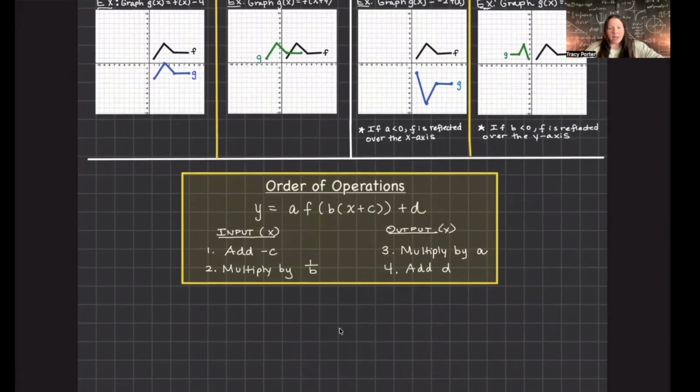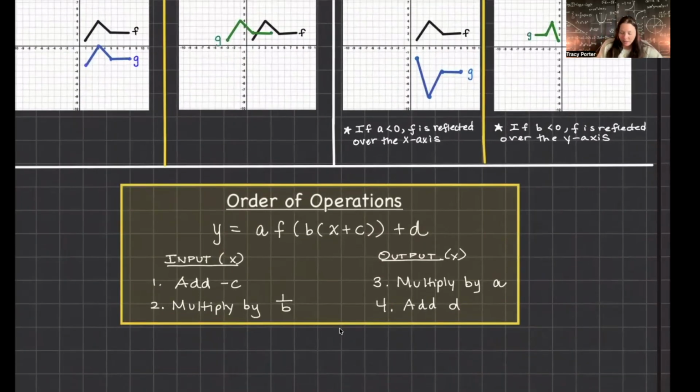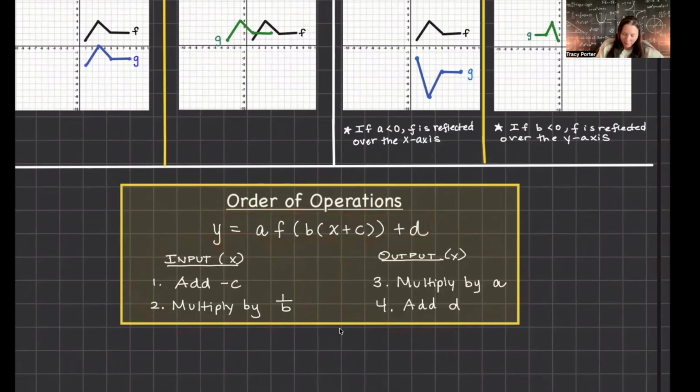And then I've also added this order of operations down here at the bottom. And so we have a very general version of what could be happening. And we want to make sure to understand what's affecting the X and what's affecting the Y. And the input is always backwards from what you would think.